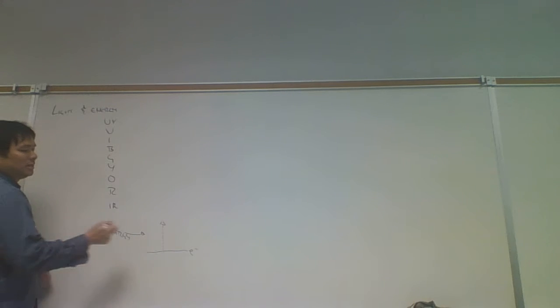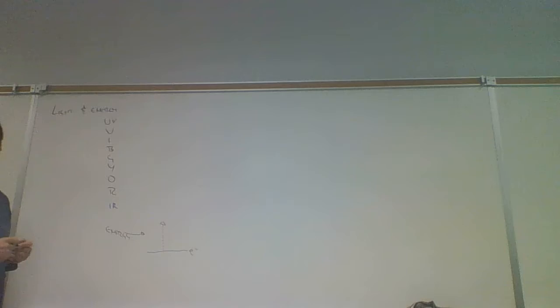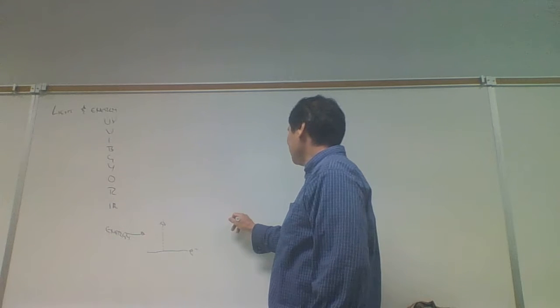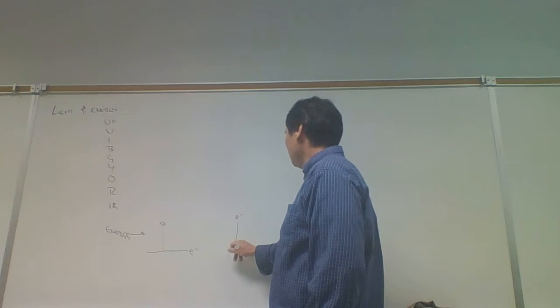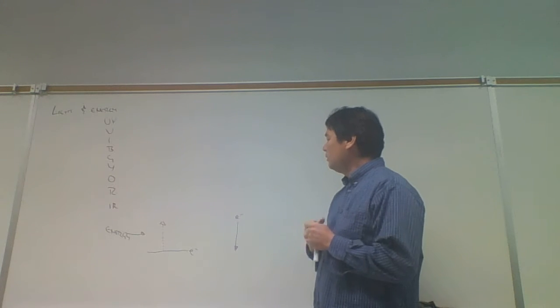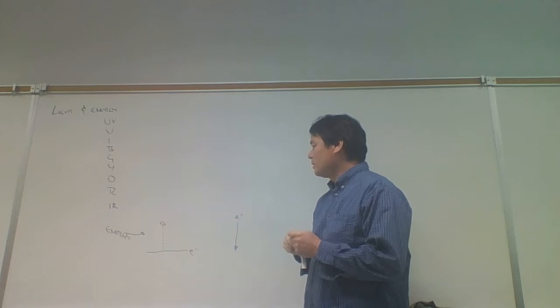The electron doesn't stay there forever. The electron gets excited here, and eventually it's going to drop back down. And so if an electron gets excited to this level, it'll drop back down. We call this an excited state here, and down here we call this the ground state.